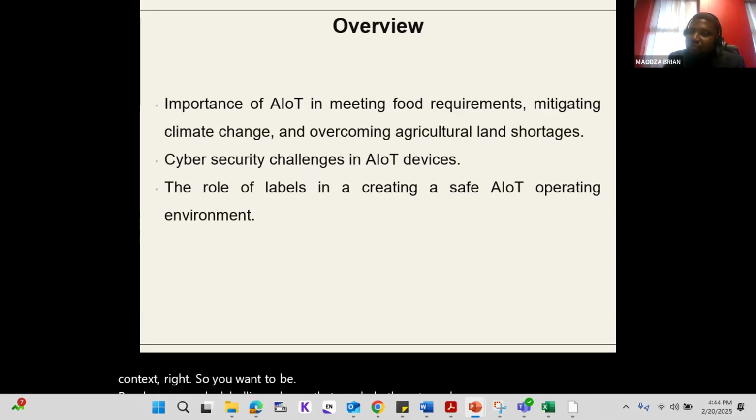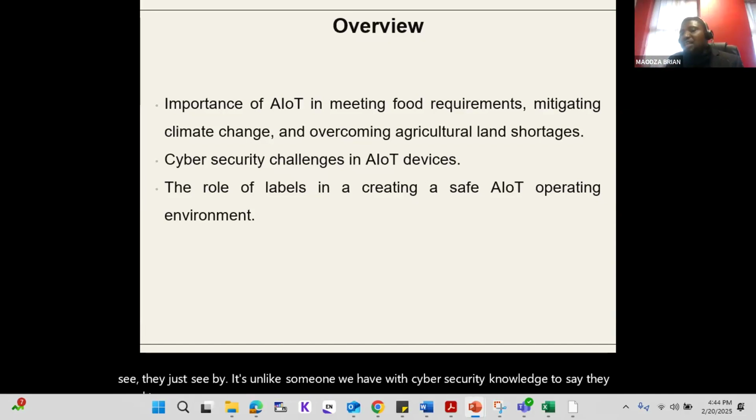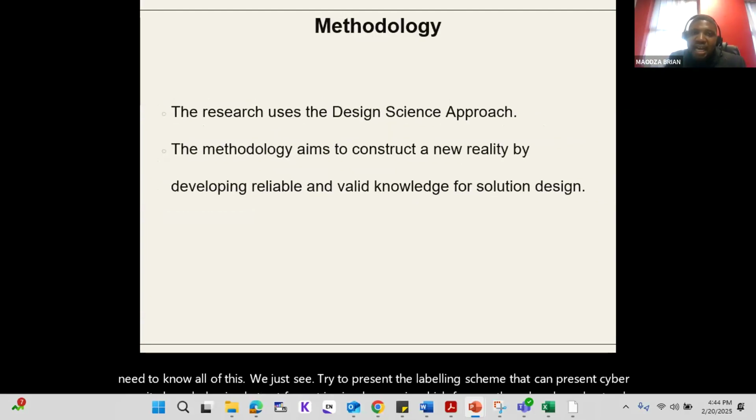They just see and buy, unlike someone with cybersecurity knowledge who needs to know all of this. We try to present a labeling scheme that presents cybersecurity knowledge in an abstract format, in simple ways which farmers already understand. That is the background behind this.